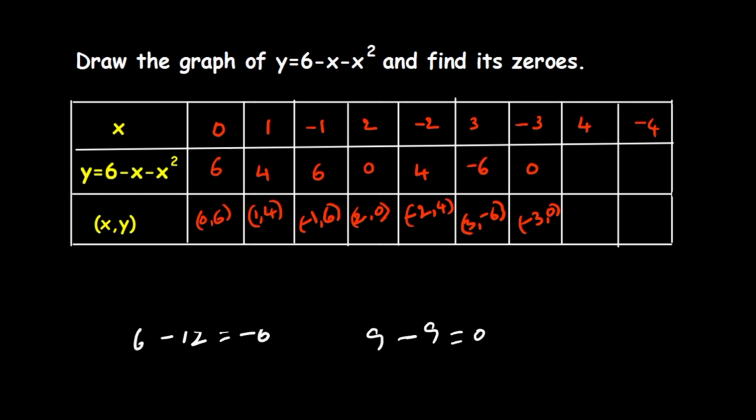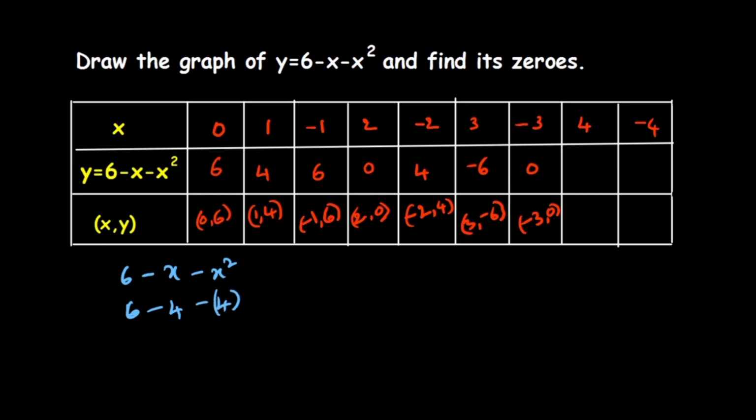That is positive 4. So 6 minus the actual polynomial, 6 minus x square, right? Here I'm going to take 6 minus, in place of x is 4, minus 4 square. So 6 minus 4 square is 16.